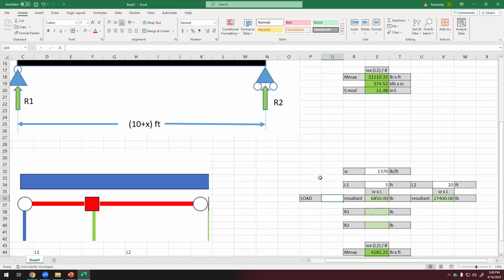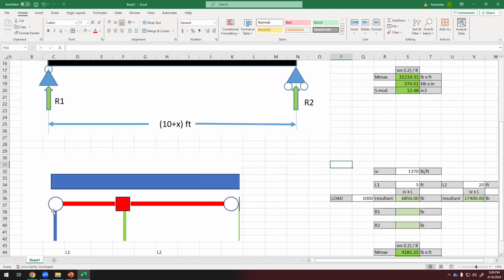So let's say that this is 1,000. This value is something that I'm going to change because I don't know it. It's the weight of this hanger, so it's moving this down. That's the load that we have here at the edge of that overhang. And I don't know how much it is. So far I have a number and that's it.